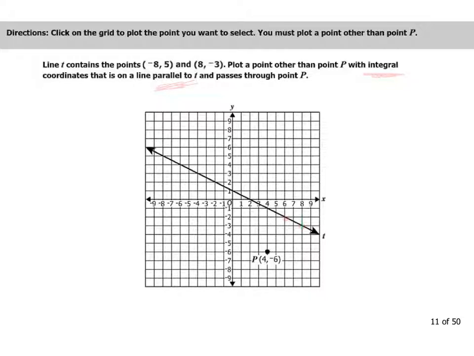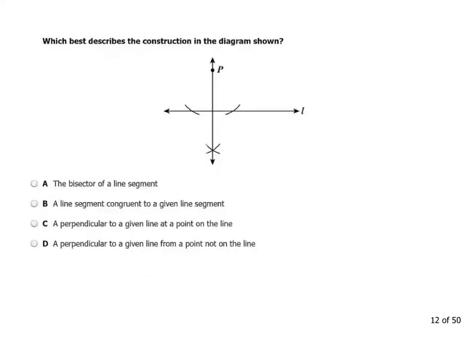So I go up 1 and back 2. So rise 1 and run negative 2. So guess what? I need to do the same thing on this line. I need to rise up 1 and go over 2. So there we go. There is an integral point on the line.